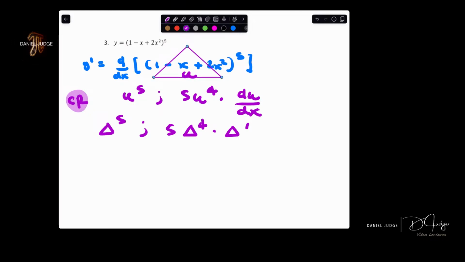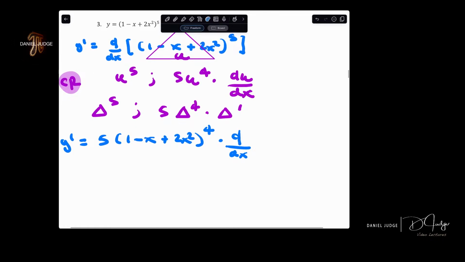So when we differentiate this, y prime will be 5, 1 minus x plus 2x squared to the fourth power times the derivative of that function. So I'm going to need more space here.